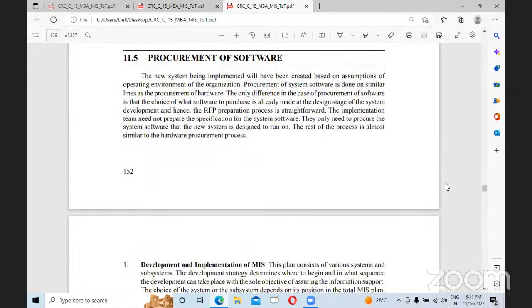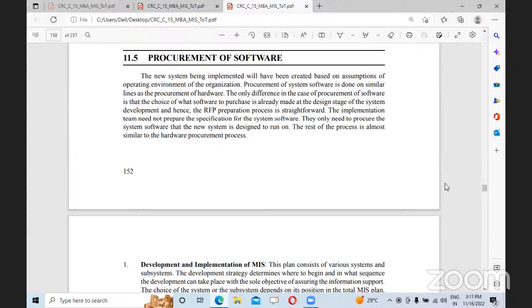And how to make procurement of the software. The new system being implemented will have been created based on assumptions of the operating environment of the organization. Procurement of system software is done on similar lines as the procurement of hardware. The only difference in the case of procurement of software is that the choice of what software to purchase is already made at the design stage of the system development, and hence the RFP preparation process is straightforward.